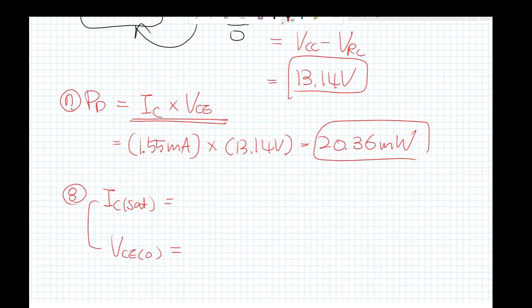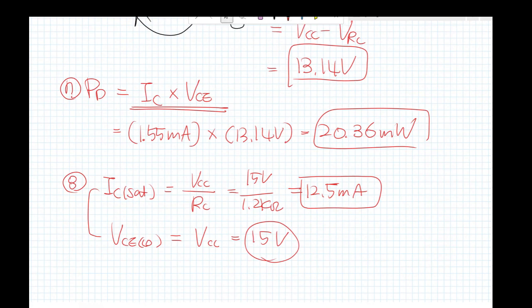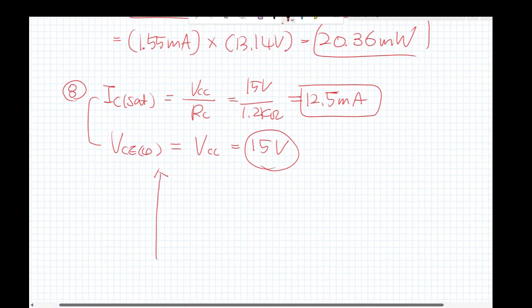So for this case, the transistor base bias, V sub CC divided by R sub C, that is 15 volts divided by 1.2 k ohm, that is 12.5 milliamp. And then V sub CE cutoff is equal to V sub CC, that was 15 volts. Okay. All right. So we can draw the load line.